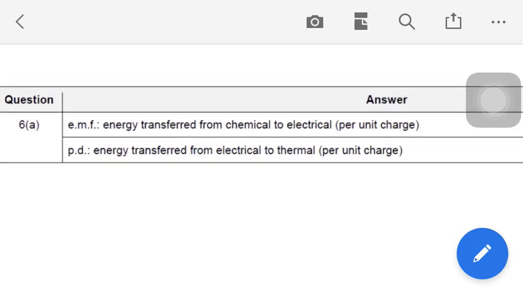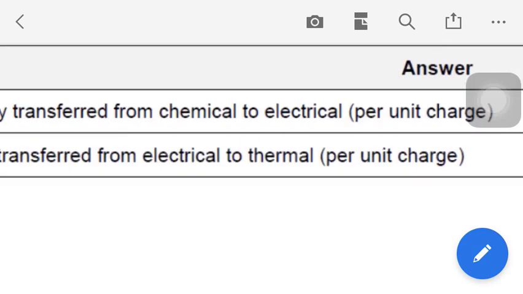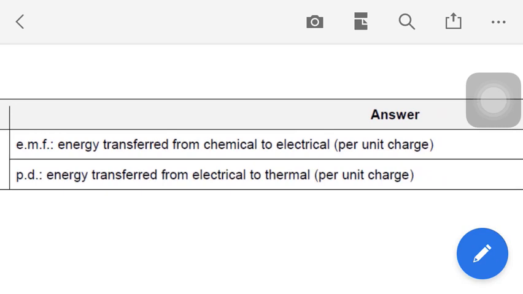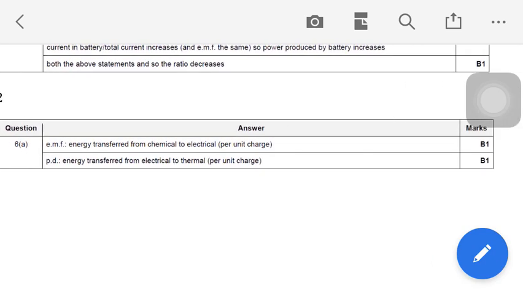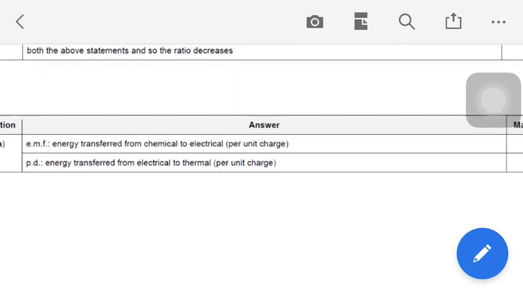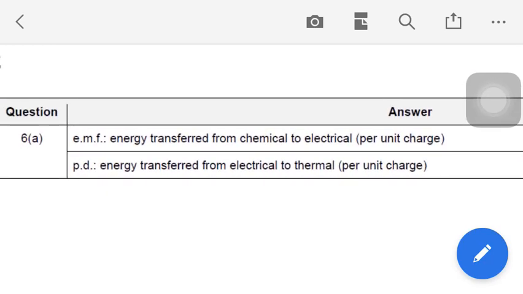So you have to say it's electrical to thermal. Though they have given per unit charge in brackets, you better write it as well, because that's the full definition. The mistake that's possible is you would simply leave it as other forms, but here you have to specify thermal.